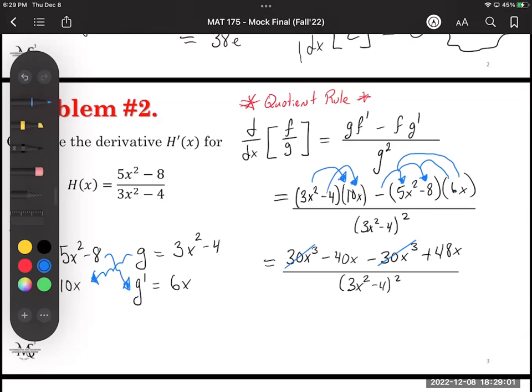Then you have negative 40x plus 48x. That would be, careful, Omar, I can't say 8. 8x. There you go, you fixed it. So you get 8x, and then your denominator, you just leave it alone. 3x squared minus 4 squared. And that will be h prime of x.